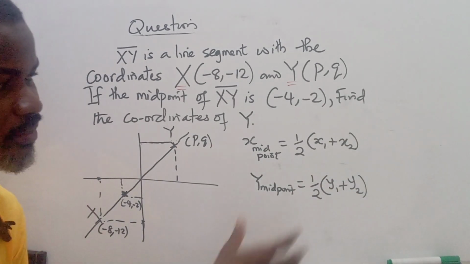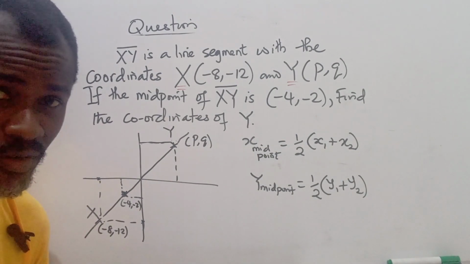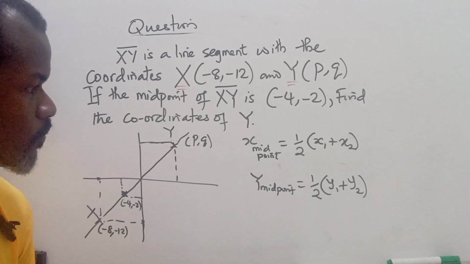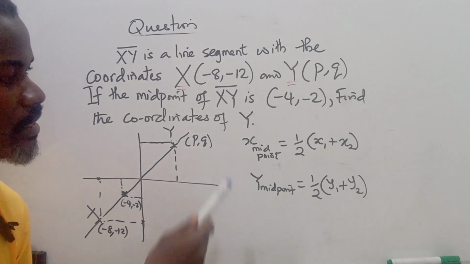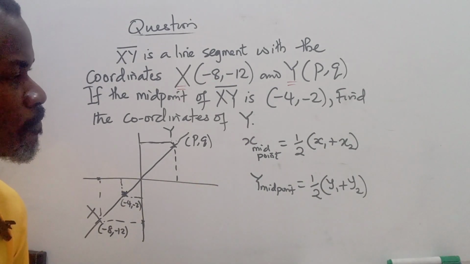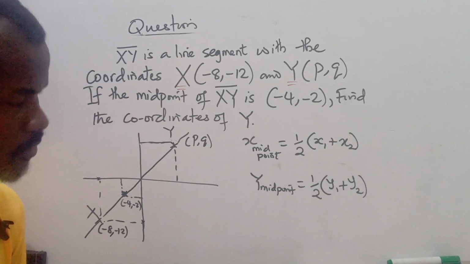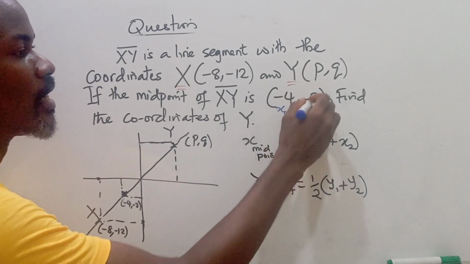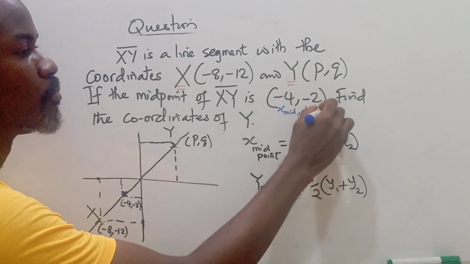If you can remember those formulas, we can now use them to solve. So the question is, what are the midpoints here? The midpoint of X is this. This is the X midpoint, and this is the Y midpoint.